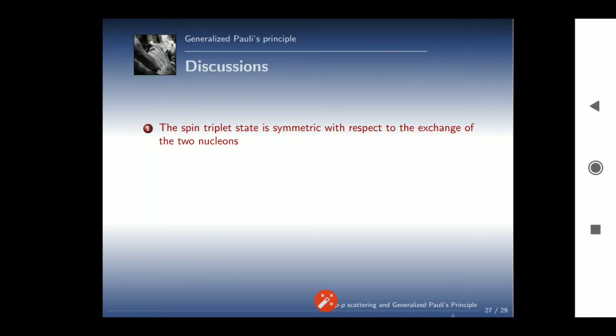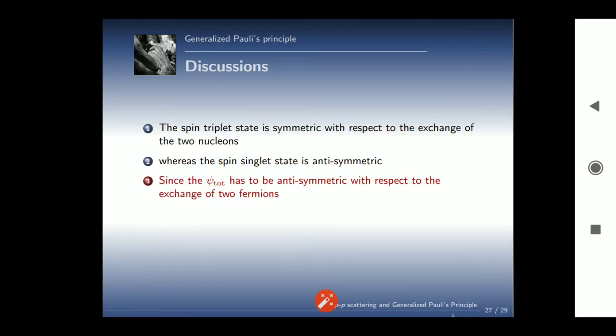Now the spin triplet state is symmetric with respect to exchange of two nucleons, whereas spin singlet state is antisymmetric. This is a very general discussion. Now since the total wave function has to be antisymmetric with respect to exchange of any two fermions, including nucleons, it requires that this number L plus S plus T should be odd.